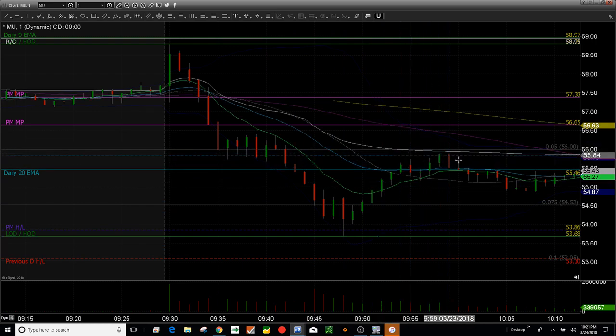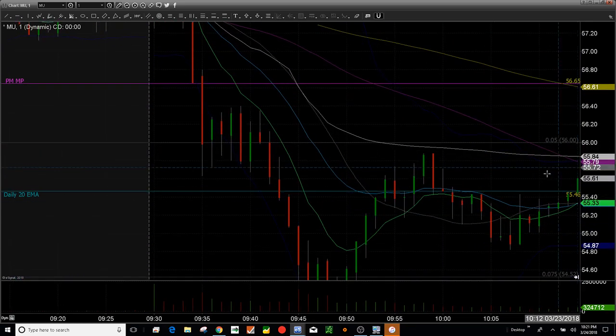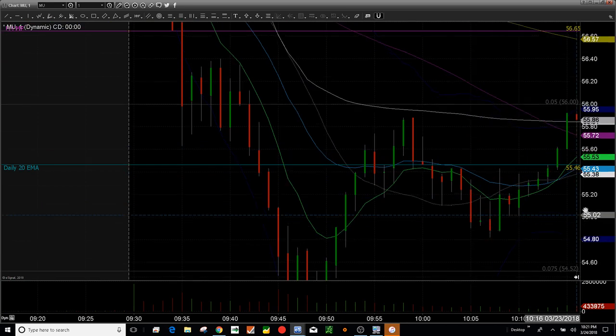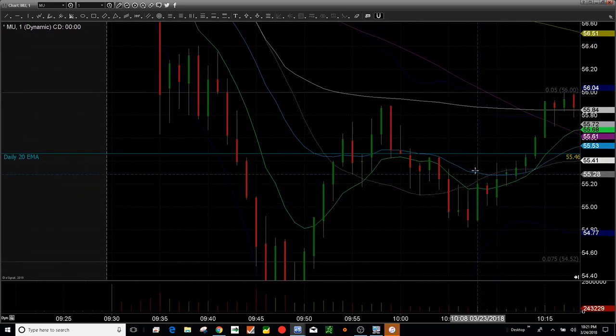We could try to take a trade off of VWAP, which I think I did in real life. I made some money here, but as soon as price action started changing through here, I was pretty aware of it, and I'm sure I just got out because I wanted to protect my profits.